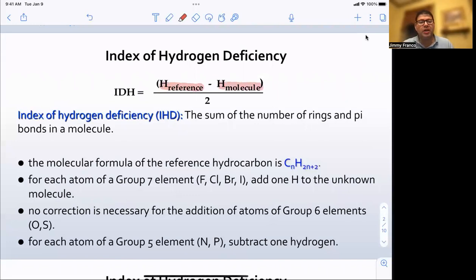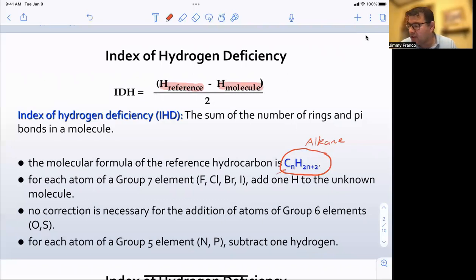All right, so when we're looking at hydrogen reference, we have the formula down here highlighted in blue. And this is what it would be like for an alkane. So just a plain hydrocarbon, no ring, no double bond, no nothing, just an alkane that's just a linear chain. And it's always going to have this formula of CnH2n+2.